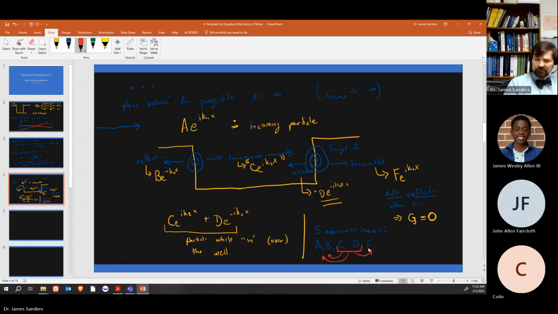Now, what C and what D really are doing, whether they are discussing transmission, reflection, that kind of thing, what they actually are doing is schematically the wave when it's right here, anywhere in the well going this way, this is my C term. And all of what's in this well going this way would be my D term.